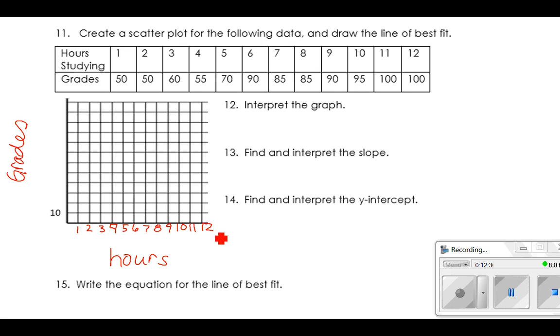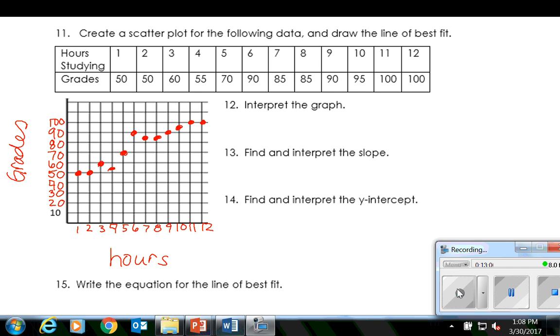And then I've already given you a clue on how to number the y-axis by tens. And then I'm going to pause it and go ahead and plot all of the ordered pairs.